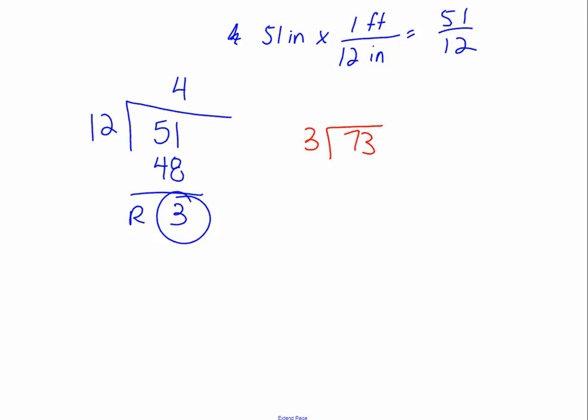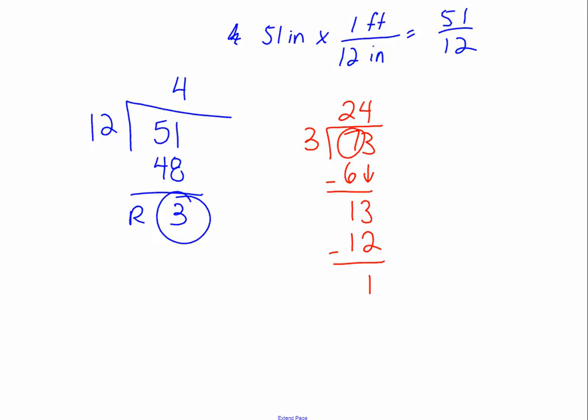First, how many times does 3 go into 7? Twice. 3 times 2 gives you 6. We subtract, which is 1. Carry down the 3. How many times does 3 go into 13? 4. Because 3 times 4 gives you 12. We subtract and get 1.